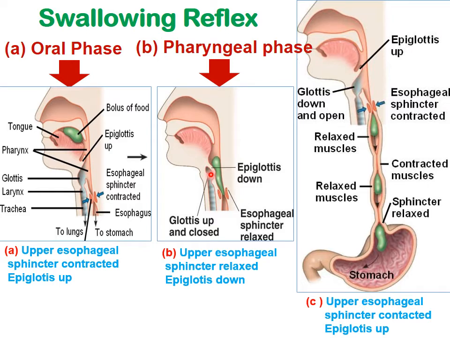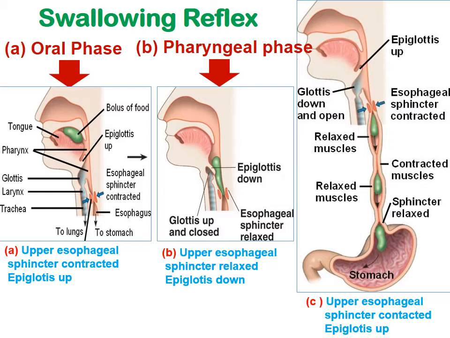There is a temporary stage during the time of swallowing where the respiration stops. This is called deglutition apnea. Apnea means a temporary cessation of breathing, a momentary stoppage of breathing as a result of deglutition or swallowing.